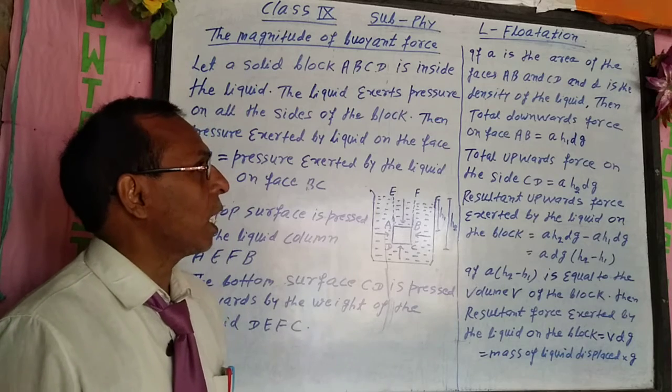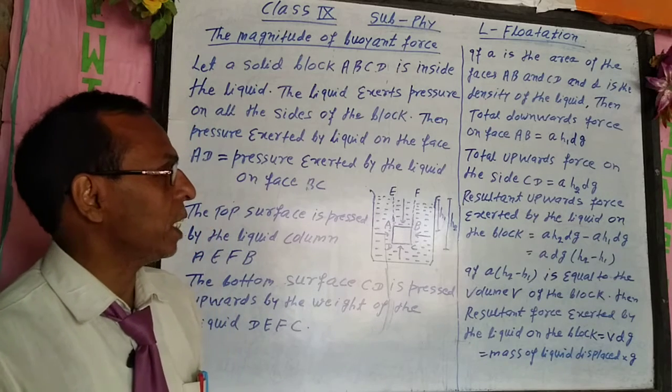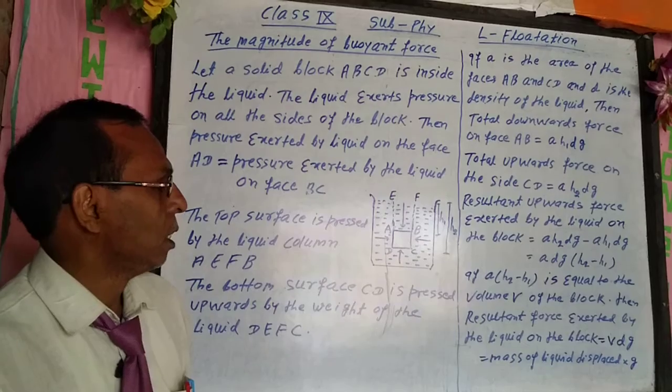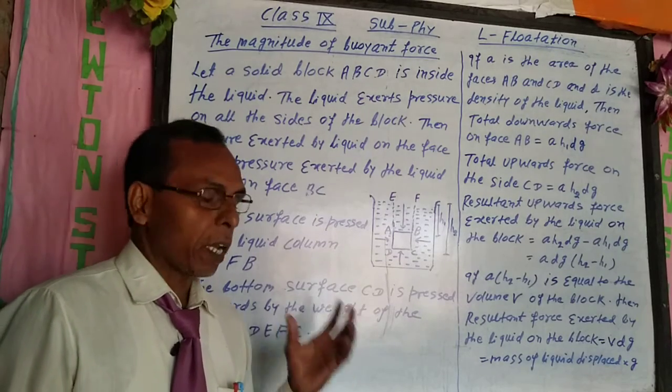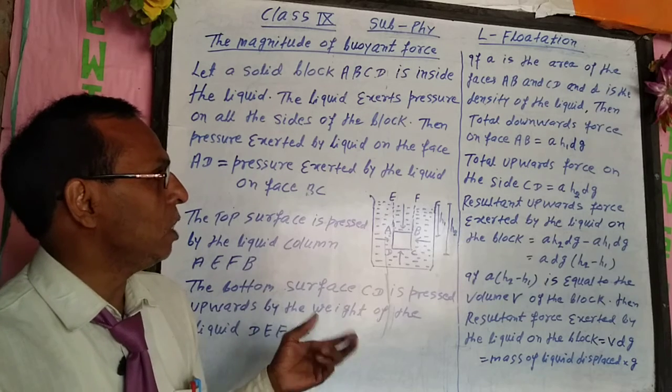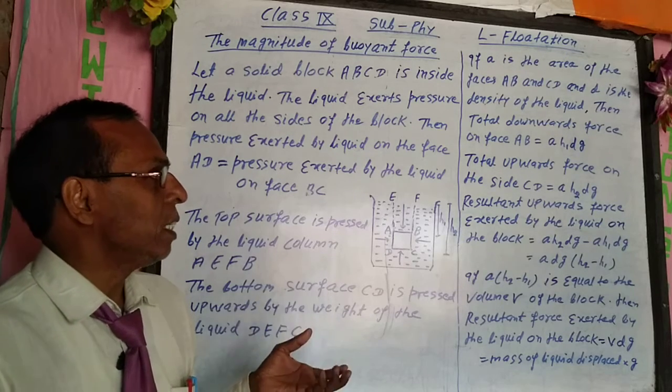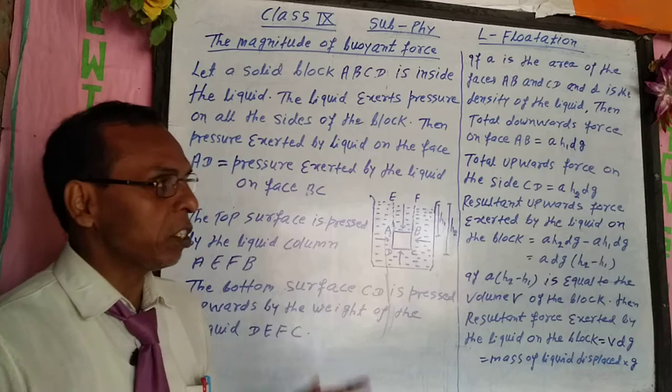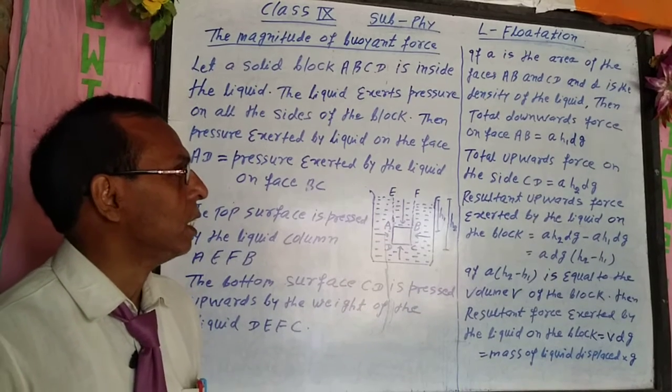Suppose the area of the faces of the block is A, and D is the density of the liquid.